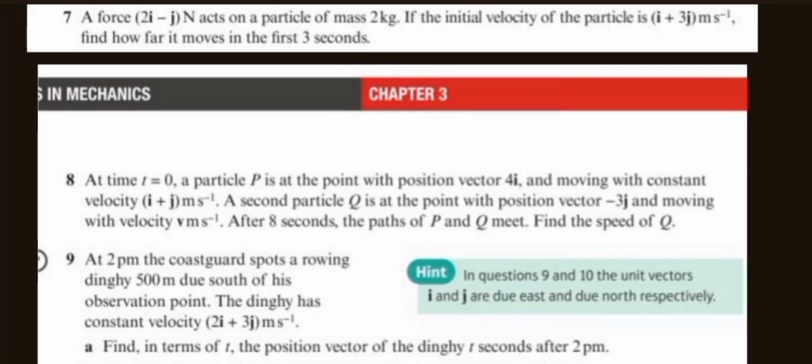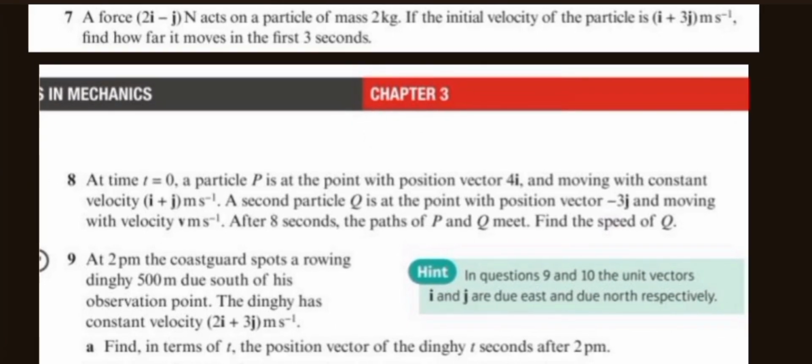Let's look at number 7. A force 2i minus j Newton acts on a body of mass 2 kg. If the initial position vector is i plus 3j meter, find how far it moves in the first 3 seconds.